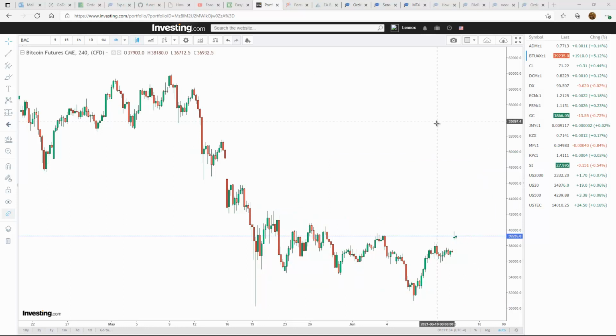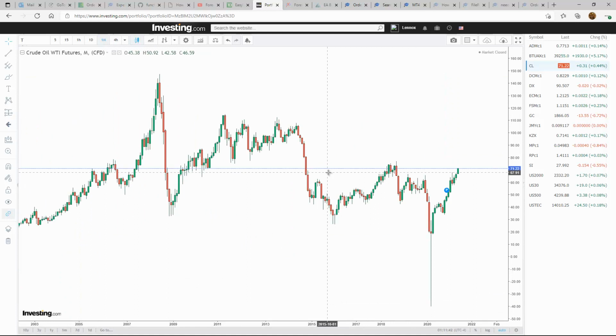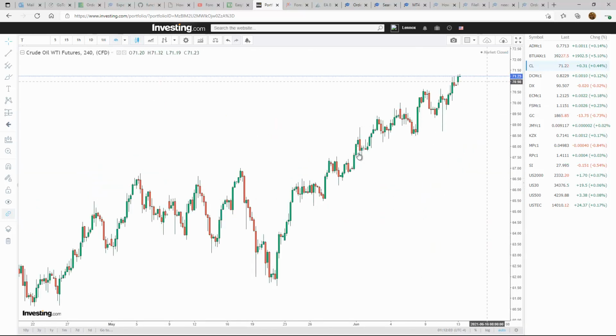All right. Okay, let's take a look at crude oil on the monthly. Very strong crude oil. You can see, as I've been talking about for weeks, crude oil looks very strong, like we're going to push and break through this level and continue up into a very heated, hot summer of volatility and more strength in oil as everybody gets their legs and starts to want to travel around and so forth.